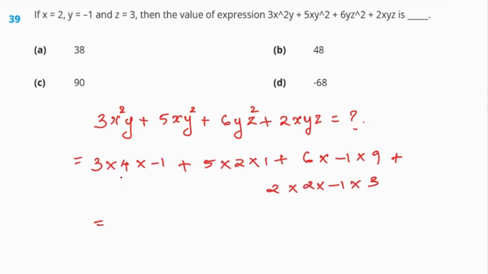So 4 threes are 12, minus 12, plus 10, minus 54, minus 12. When we solve this and substitute the values of x, y, and z, we get minus 68 as the answer. So option D, minus 68, is the correct option.